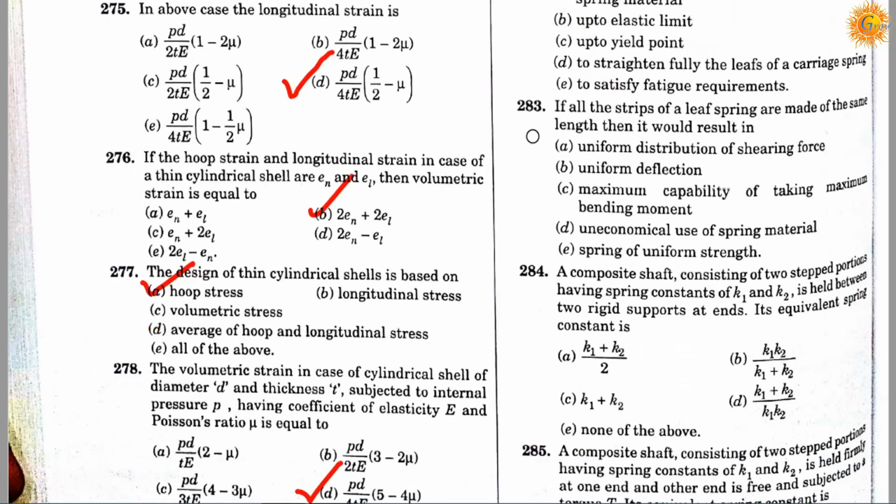Question number 283. If all the springs of a leaf spring are made of the same length, then it would result in: option A, uniform distribution of shearing force; option B, uniform deflection; option C, maximum capability of taking maximum bending moment; option D, uneconomical use of spring material; and option E, a spring of uniform strength.